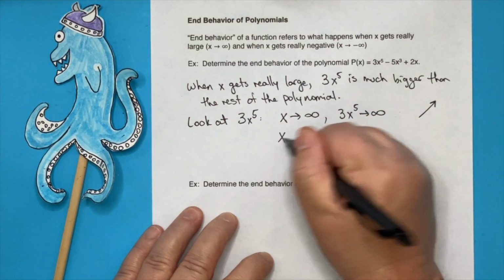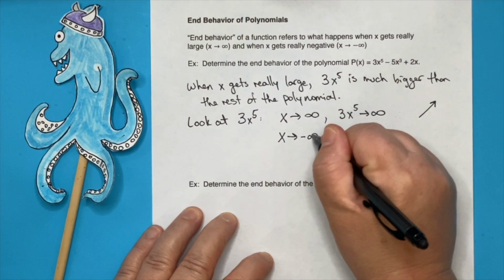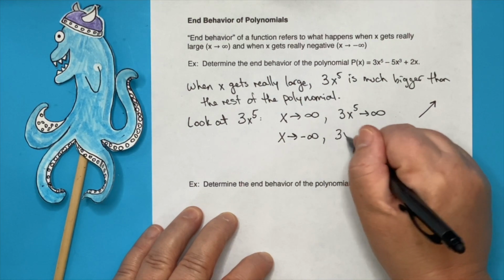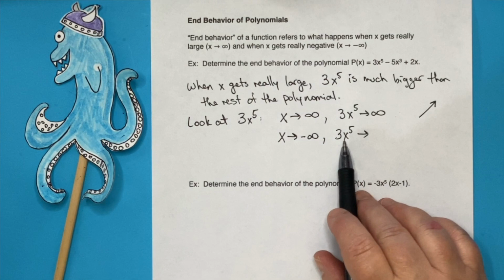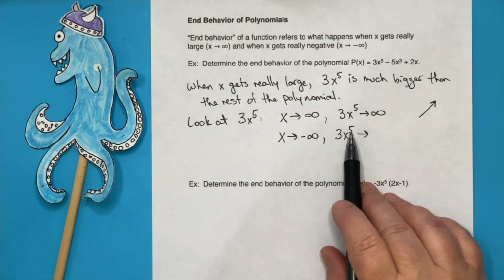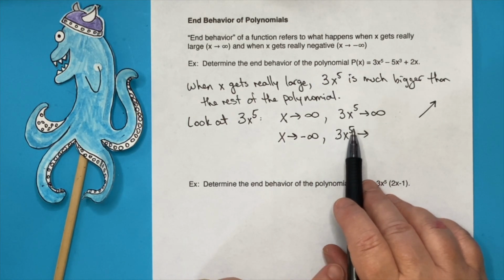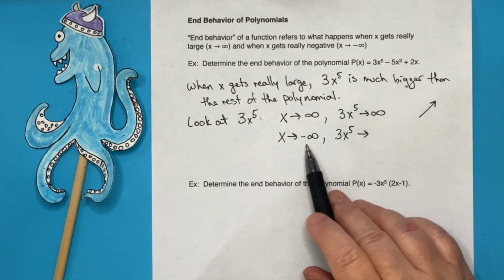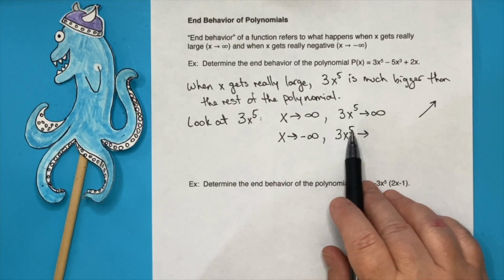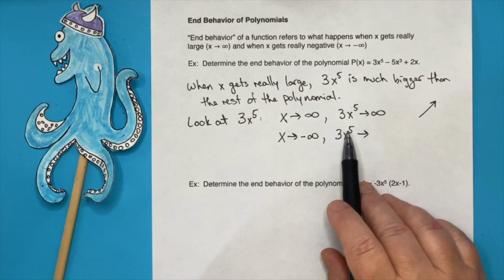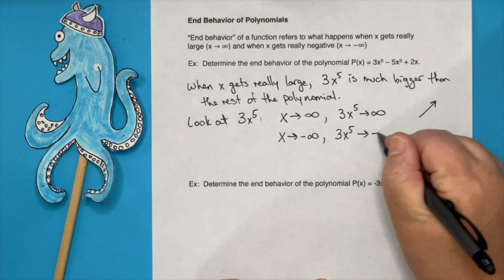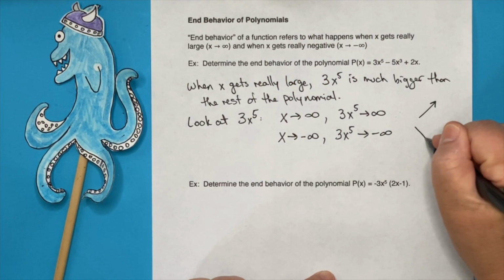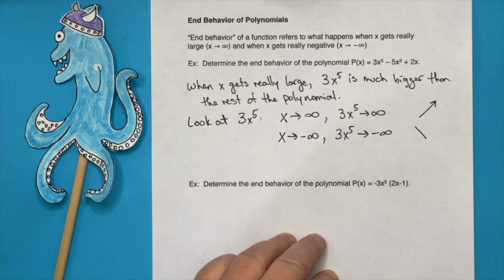And when x gets really, really negative, 3x to the fifth, now we got to think about it. When x is negative, x to the fifth is even or odd? And the answer is it's odd. It means that the negative just passes right through. And so if x is negative, x to the fifth is also negative. So this is going to go, well, I don't want to draw it like that.